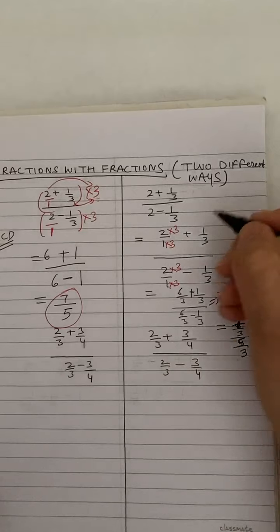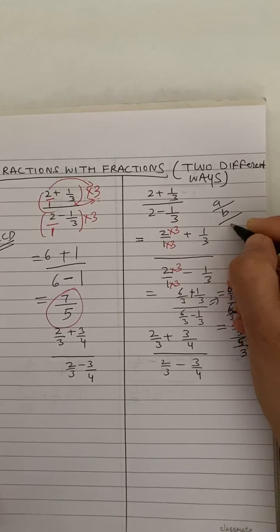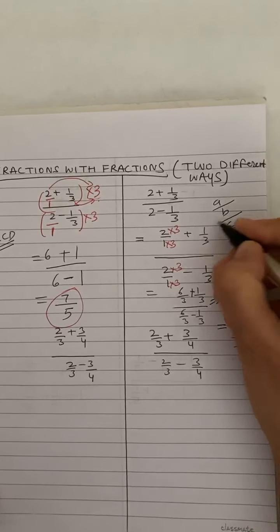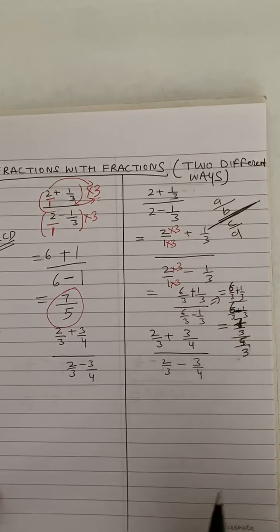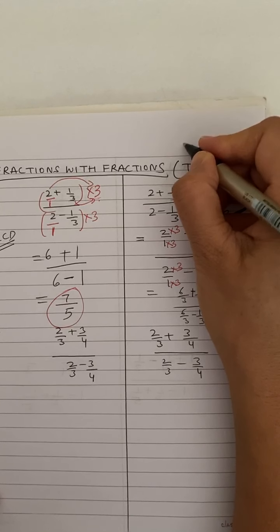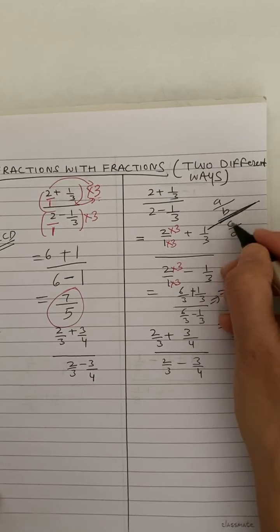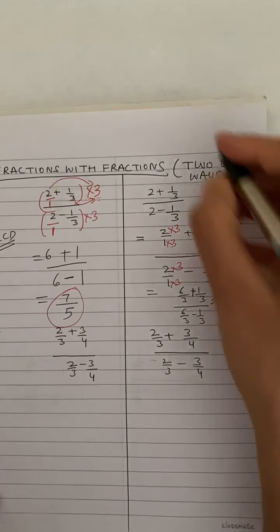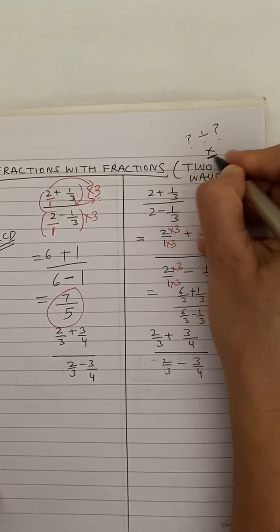Now if you have A divided by B, and then you have C divided by D, here this is the main division. We know that when we are dividing two fractions, you change it into multiplication.